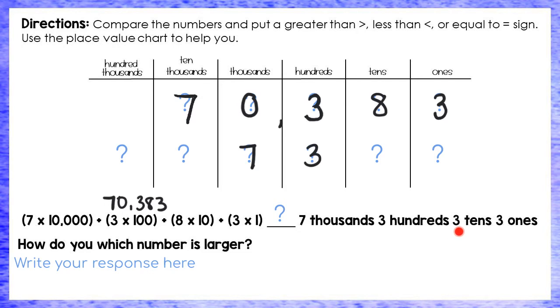And then 3 tens is next. So that means a 3 in the tens place and 3 ones. So there are 3 in the ones place. This number is 7,333.